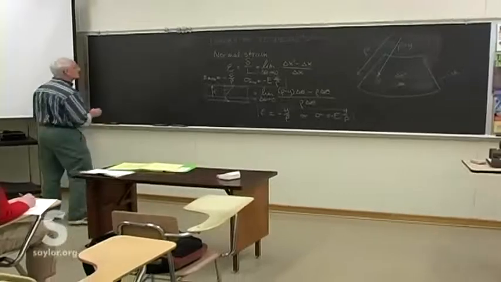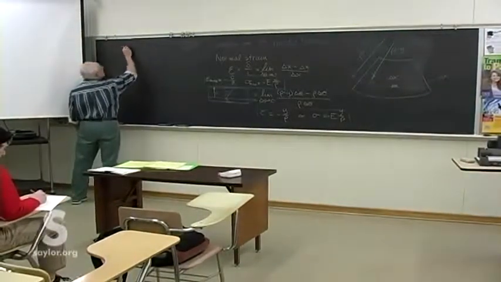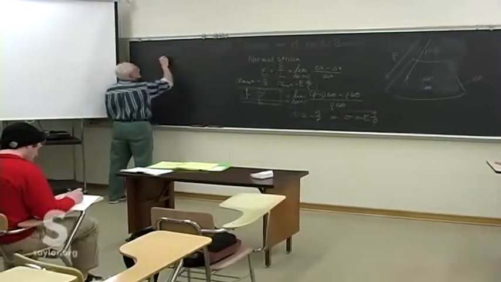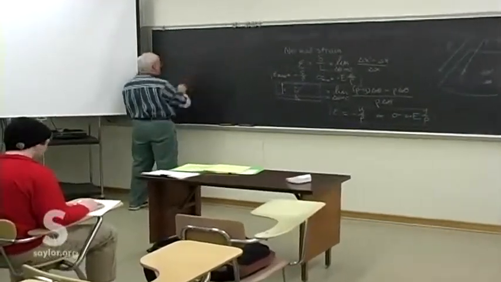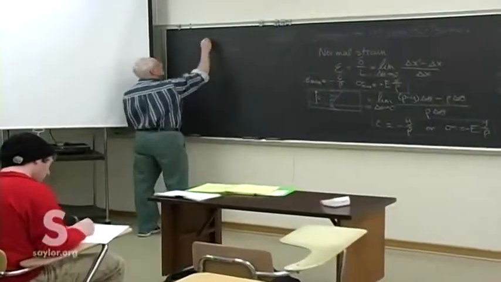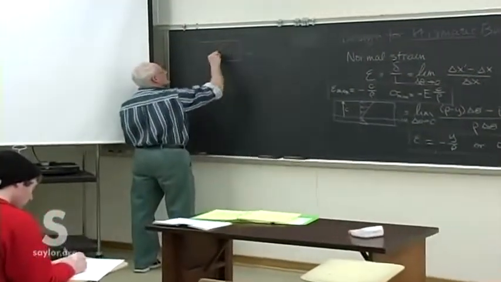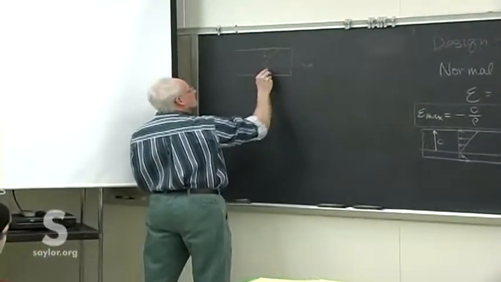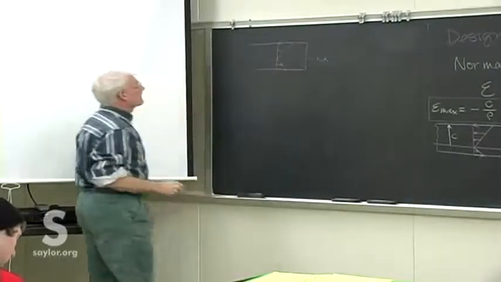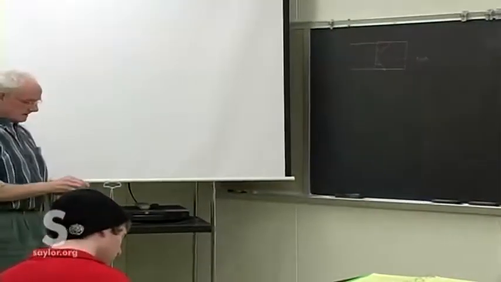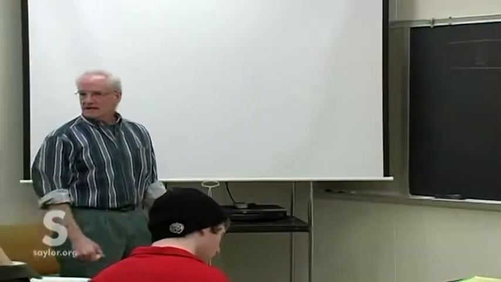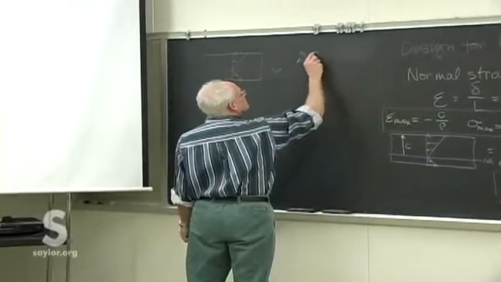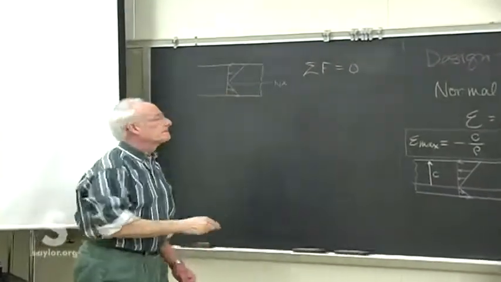So we have some beam like this with this unlocated neutral axis with this linear variation, and we need to find this neutral axis. It's a statics class, so the first thing we need to guarantee is that the forces sum to 0.